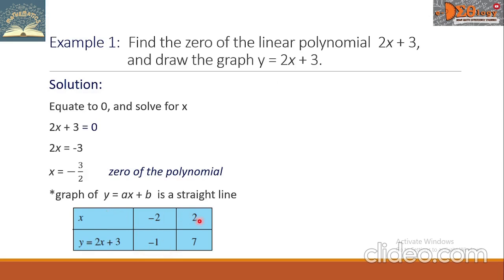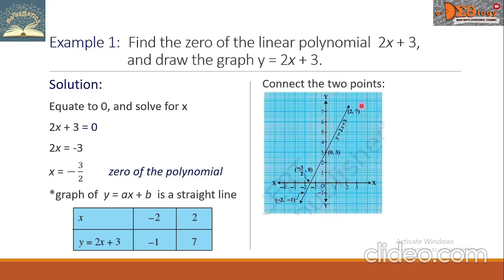Suppose x is positive 2, the value of y is 7. We simply substitute the value of x respectively to our function, and then we will get the value of y. Let us plot the 2 points and connect these points. So this is now the graph of this function, y equals 2x plus 3. We can see that it is a line.